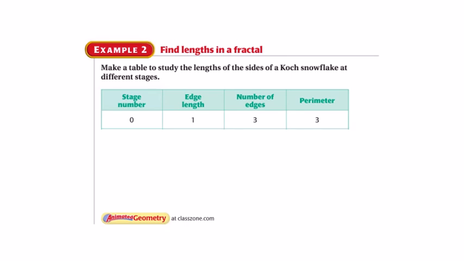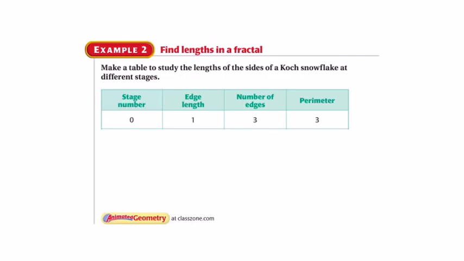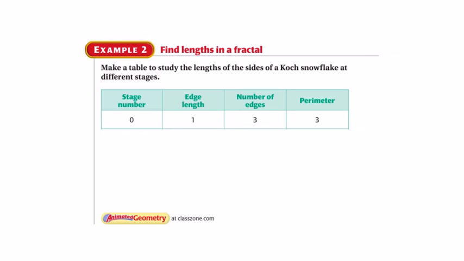Alright, so at stage 0, if I go all the way back to this picture here, I have an edge length of 1, and there are 3 total edges, 1, 2, 3, and then the perimeter is going to be 3.